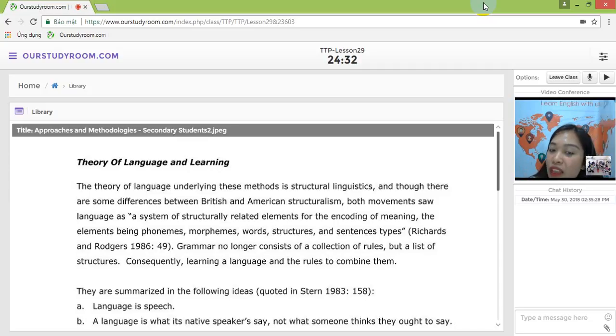Okay, so letter C. Languages are different. What is this? Very easy. Why do you think so? I think it is very easy to understand because we all know that each country has their own language.